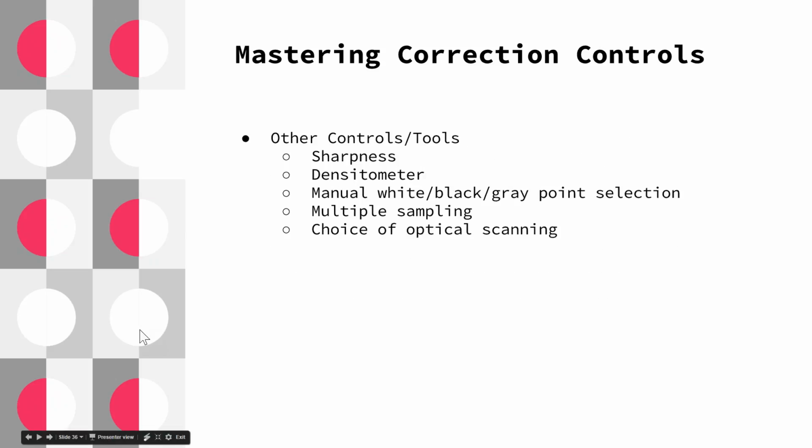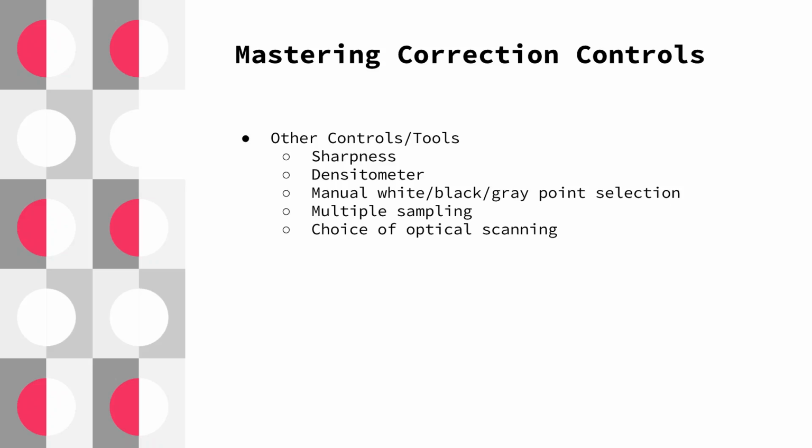There are some other controls as well, like sharpness. You can actually use a densitometer on your images. There are manual white, gray, and black point selections, and multiple sampling. That's an interesting feature where you can have an optical setting that defines scanning the whole page with lots of slides on it, or maybe right down the center where you're going to get more detailed information.